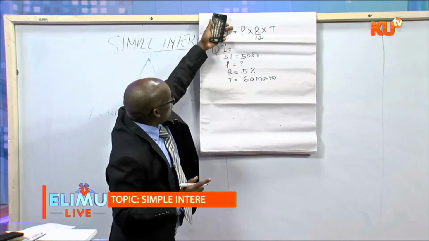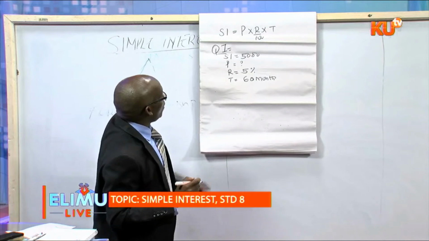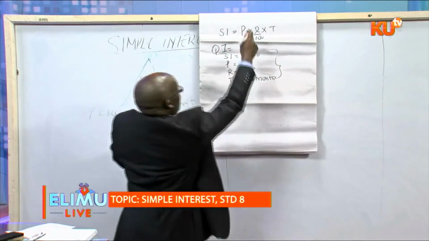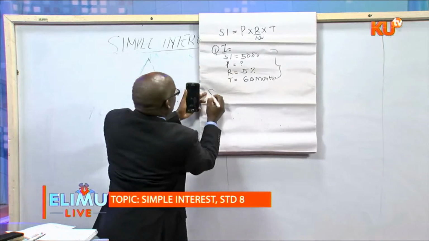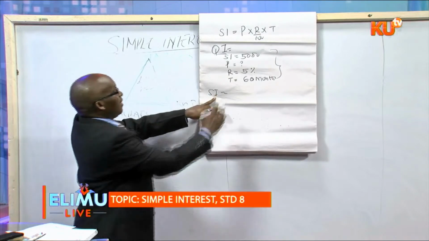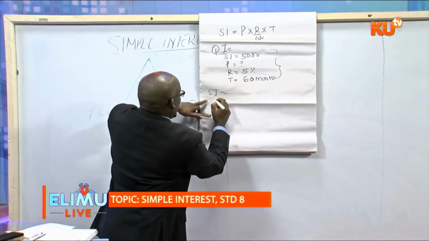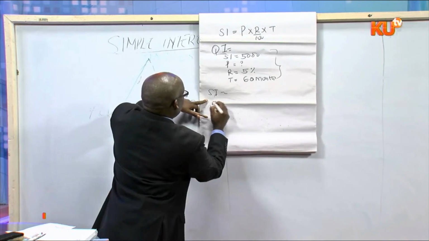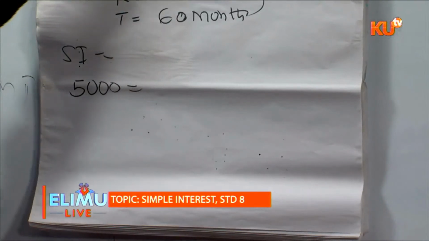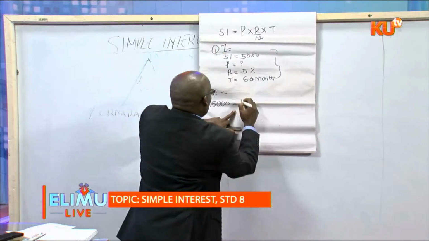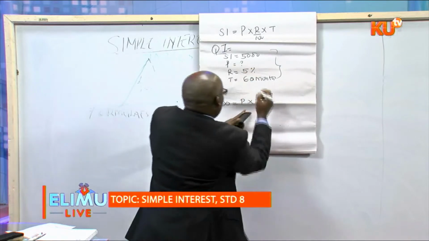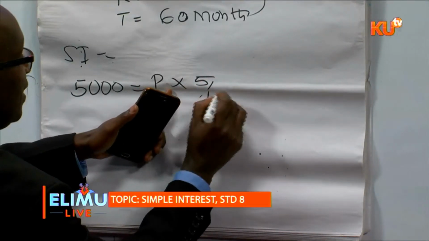And so, with our formula here, you can now try to substitute this information into our formula there. We start by saying, we have got simple interest. Is it given? Yes. The simple interest is 5,000. We continue. Is the principal given? The principal is not given. Is the rate given? Yes, the rate is given as 5%.